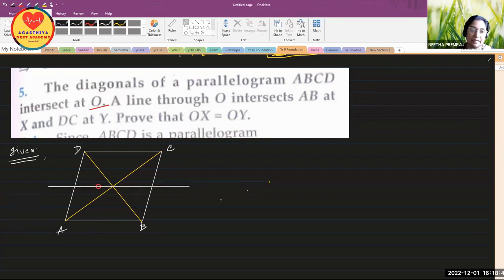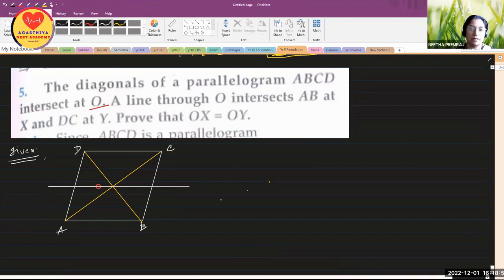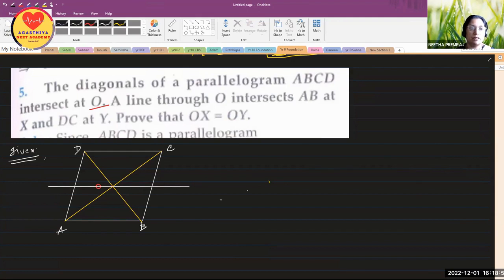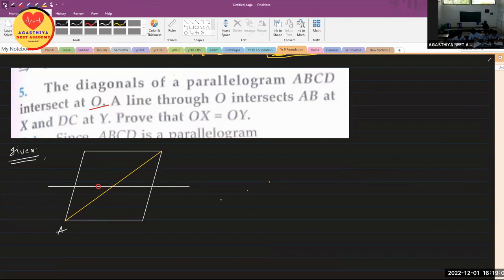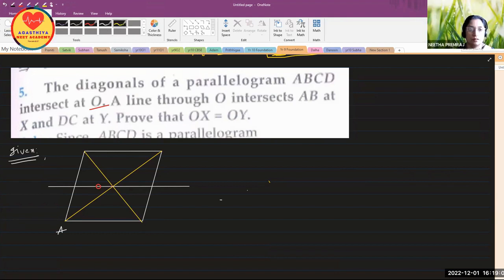This line intersects. We have given a different way, it seems. We should name it this way, then that would be better. I name it as A this way, B, C, D. Then it is fine.